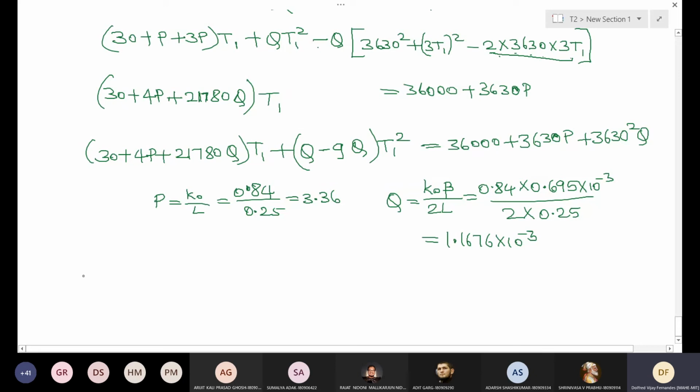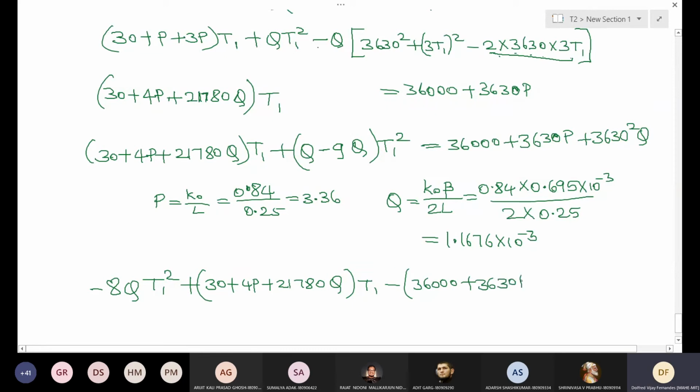First you can write T1 squared, that is 8Q minus 8Q T1 squared, then 30 plus 4P plus 21780Q into T1, minus this entire 36000 plus 3630 P, then 3630 squared into Q, equal to 0. This is the quadratic equation.